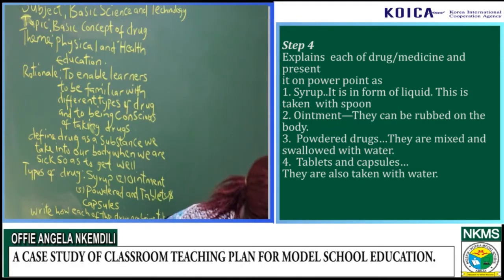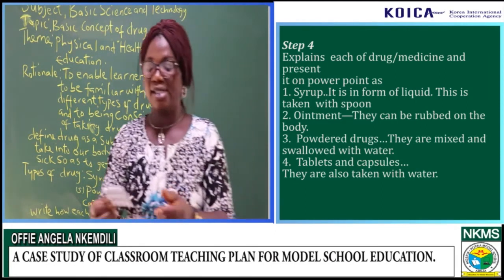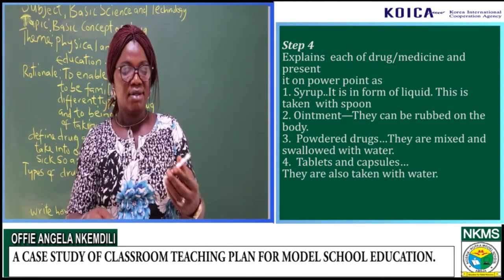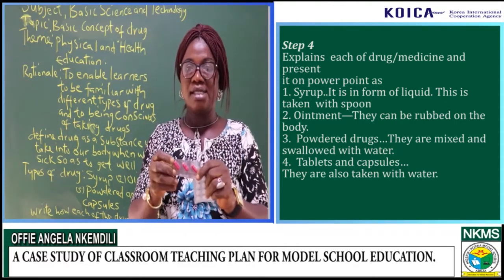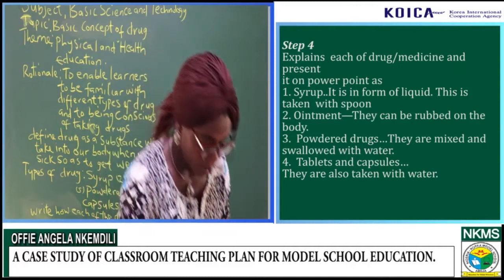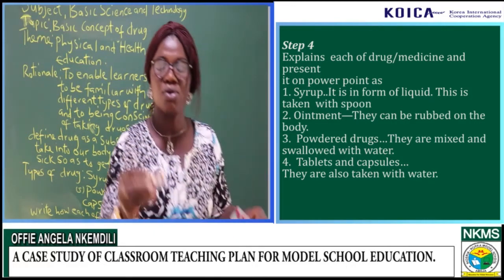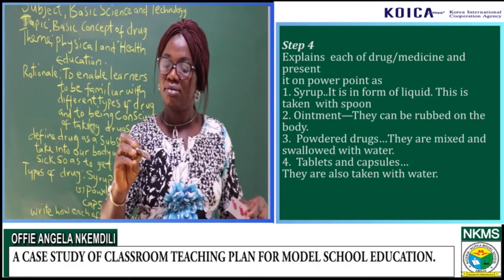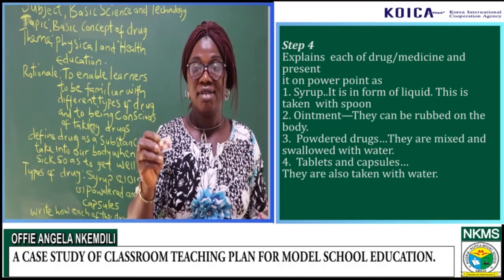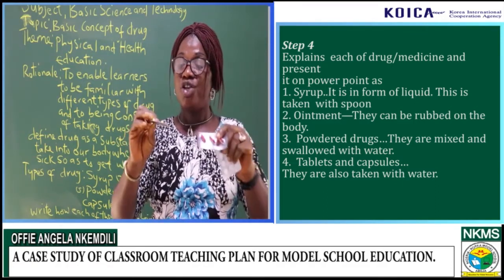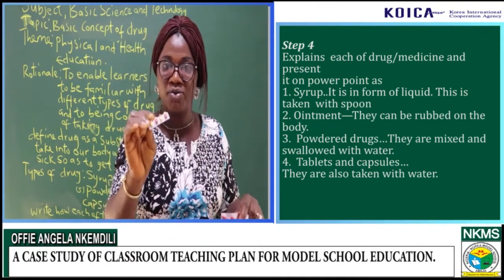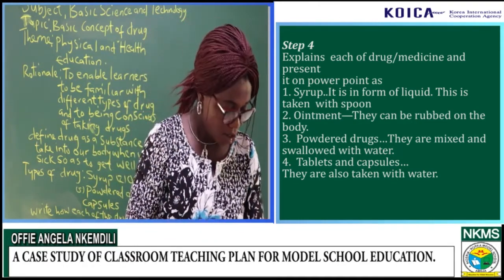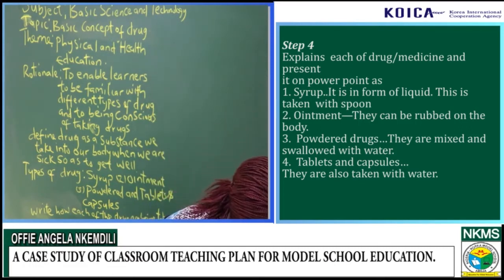The next one is capsule or tablet. What is this? Paracetamol. Paracetamol is a tablet. And look at this. This one is a capsule. This one is also a capsule. Tetracycline is a capsule. There are different types of capsule, but this is one of the examples that you have to know.